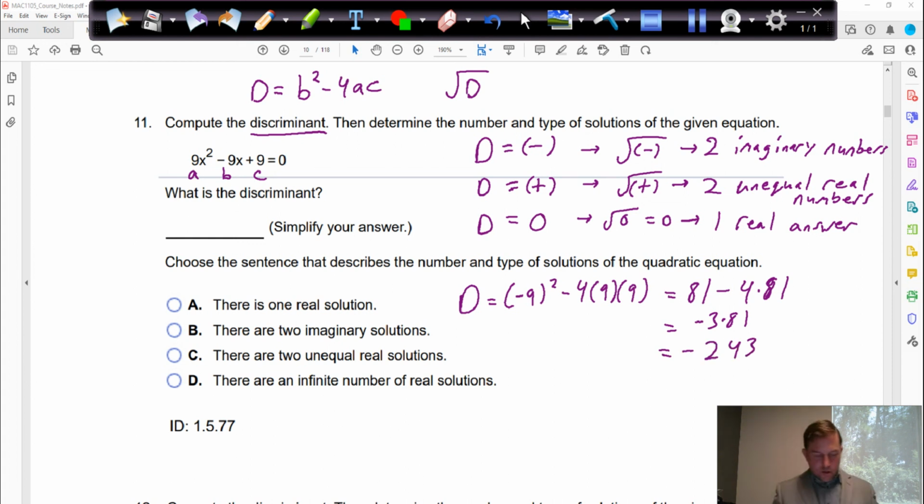So our discriminant is a negative number, and if it's negative, that's going to be a negative square root in the quadratic formula, so we're going to get two imaginary numbers.